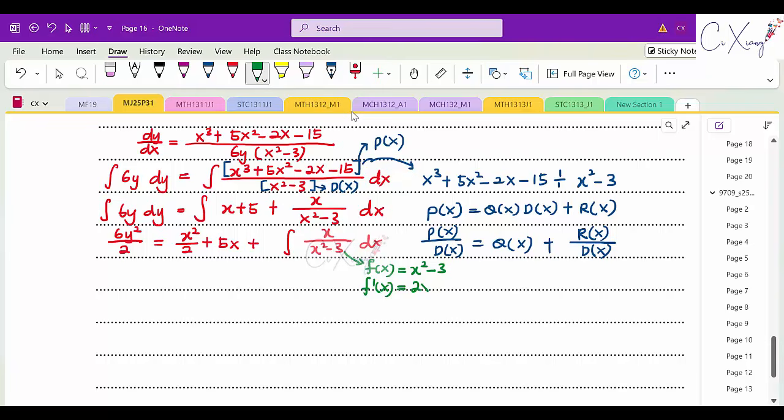So f prime x will be 2x. And on top here, basically I'm having the x. So this pattern belongs to the f prime x over f(x) pattern. Okay? And when you see this relationship, you can actually try to relate it with this one. If I have f prime x on top, divided by f(x) at the bottom, and you want to integrate it, basically you'll be having ln f(x) plus c.